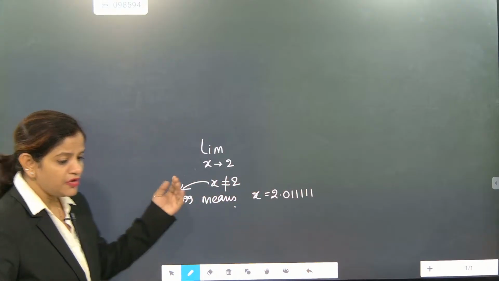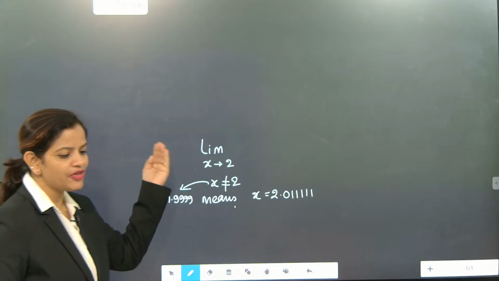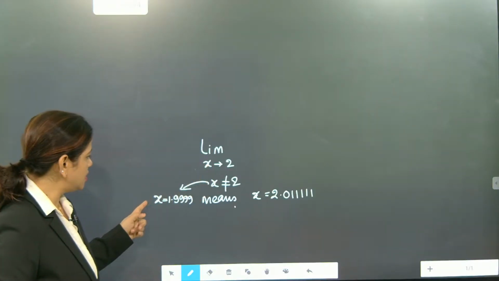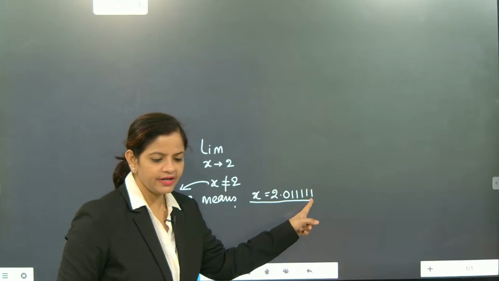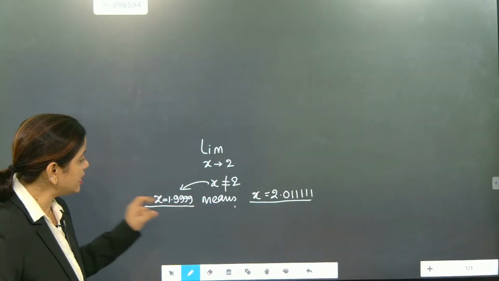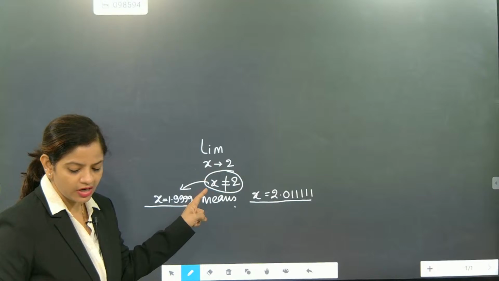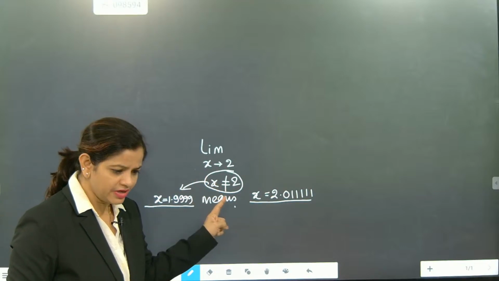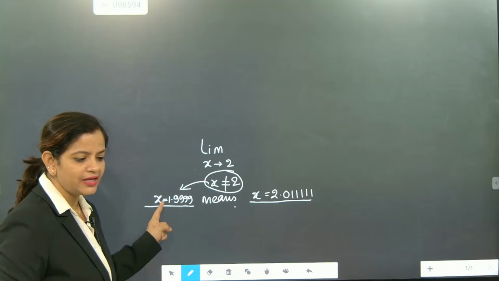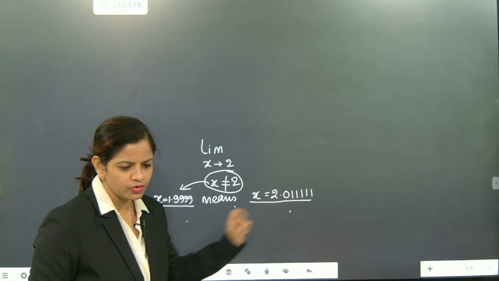If you go to check the limit, the value of x can be less than 2 or greater than 2, but it will not be exactly 2. So it is called a limit. I hope you have understood. So limits will go to either nearby, less than or more than the value.